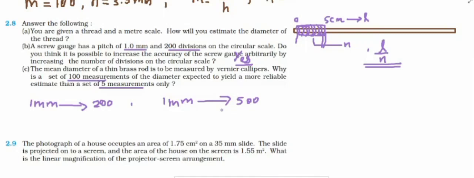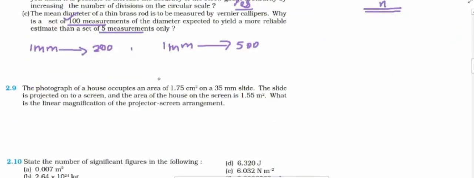Of course, because you know our method to calculate the true value: we take the average of all measurements. So when you take 100 measurements, definitely you will get a more correct average value, a better true value of the measurement.